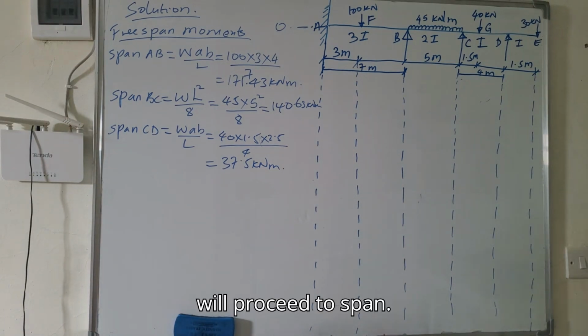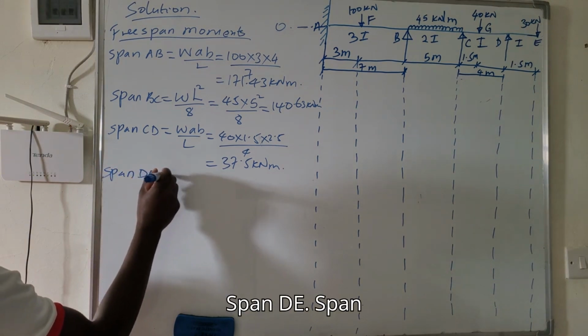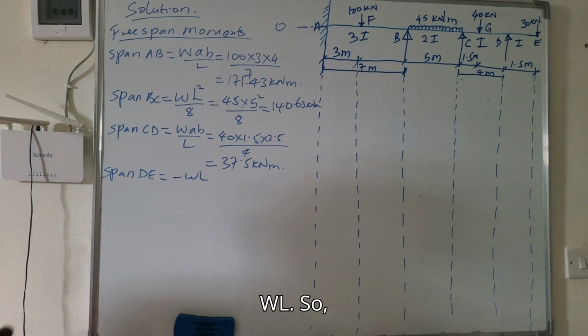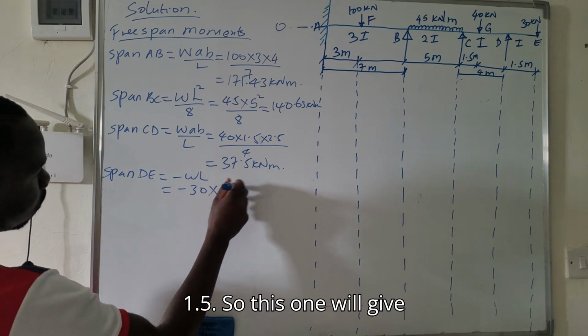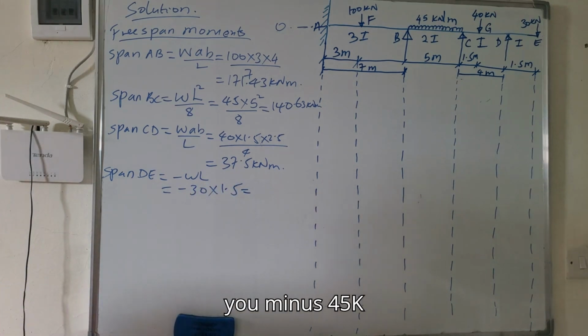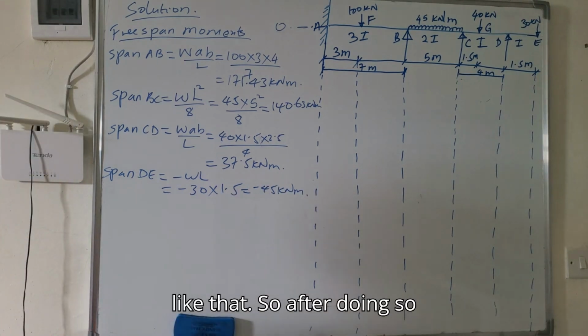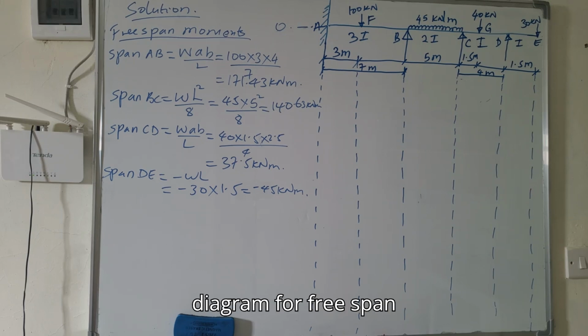After that, we will proceed to span DE. Our formula is minus W L. So this one will be minus 30 times L, which is 1.5. This gives you minus 45 kilonewton meter. After doing so, we will proceed and draw our diagram for the free span moment.